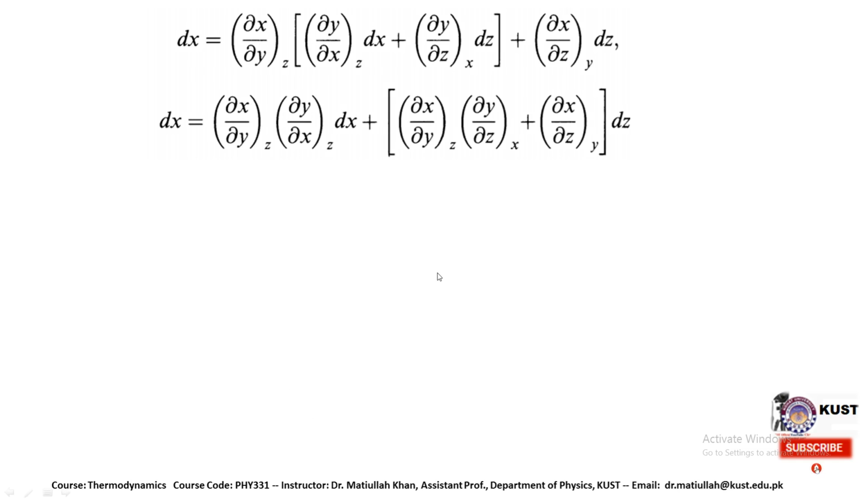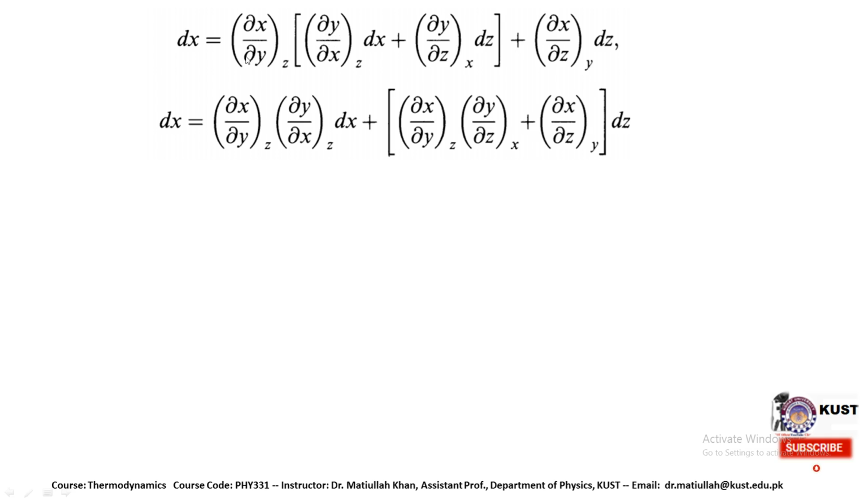So what happened, this is actually the part of dy, and this is again the same part of that dx equation. Then in the next steps this value will be multiplied with this part, and in the same way this value will be multiplied with this part. So it will be very easy.